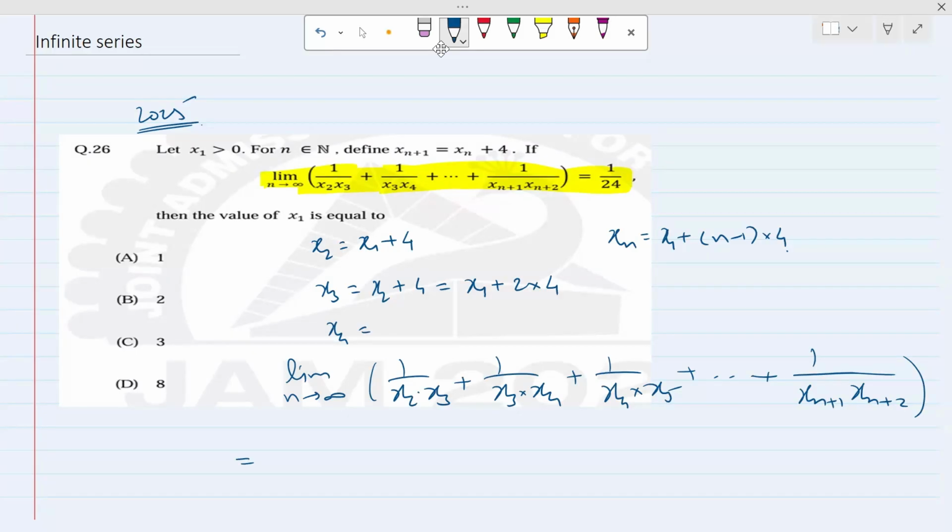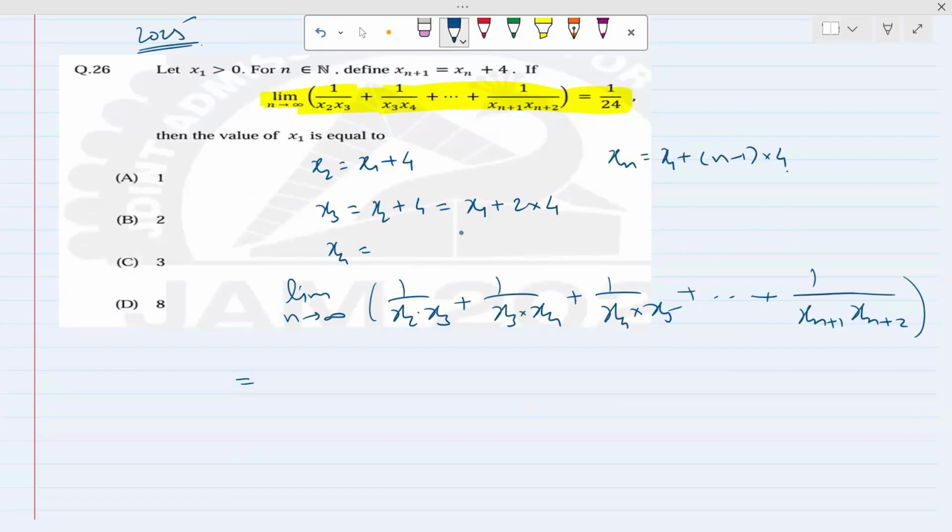So we can write 1 by x2 into x3 as 1 by x2 minus 1 by x3, and the rest of the terms can similarly be written as 1 by x3 minus 1 by x4 plus and so on. We can cancel some terms, and at last we will be left with 1 by x2 minus 1 by x_{n+2}.